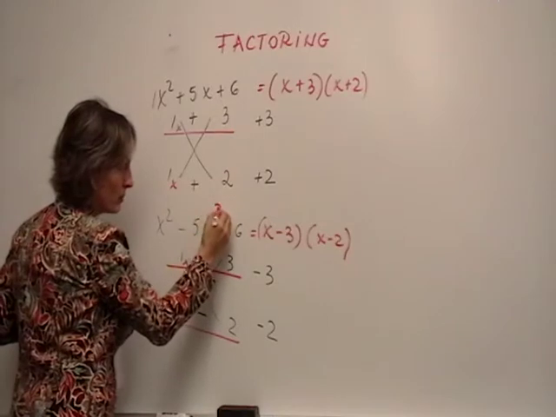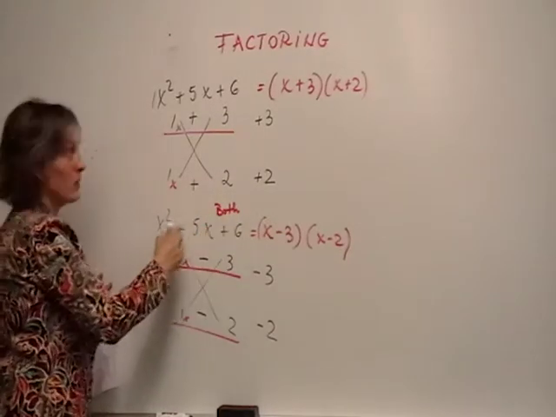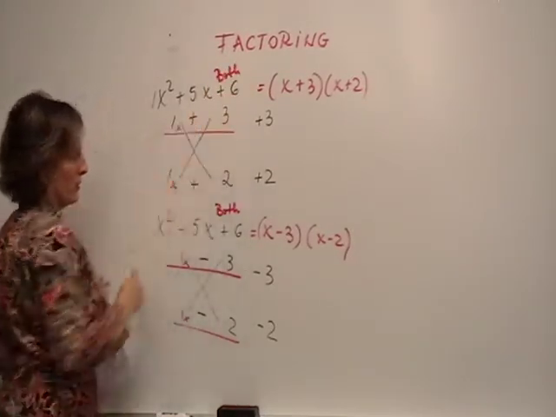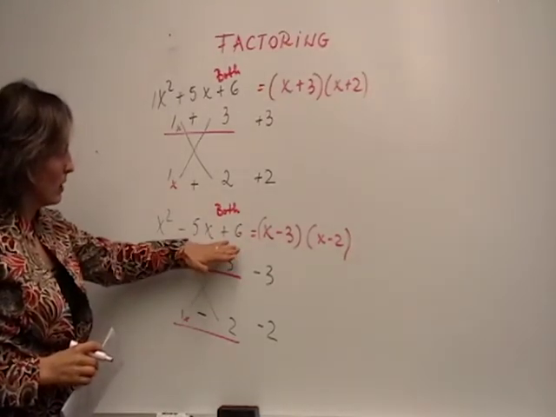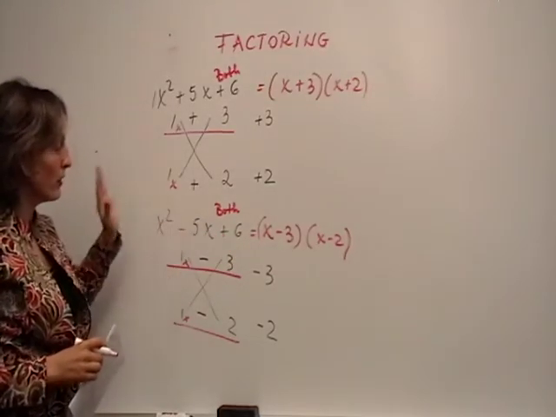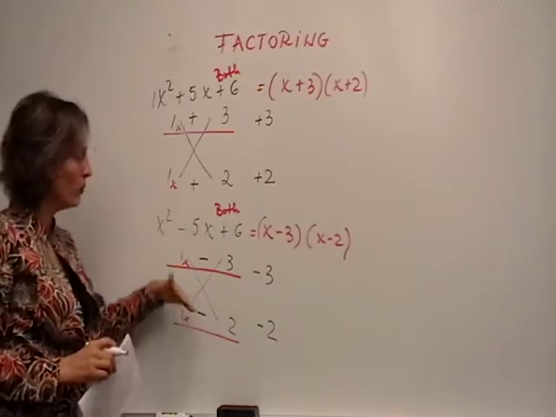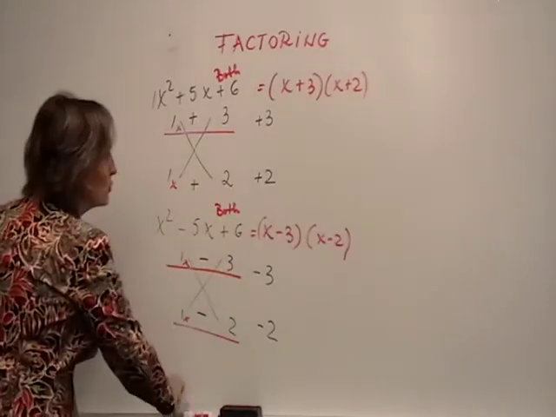In this case, they have the same sign. Both positive, because only two negative numbers will add up to a negative sum and will multiply together to a positive product. So let's take two more examples.